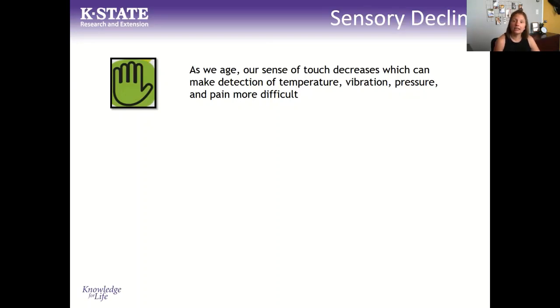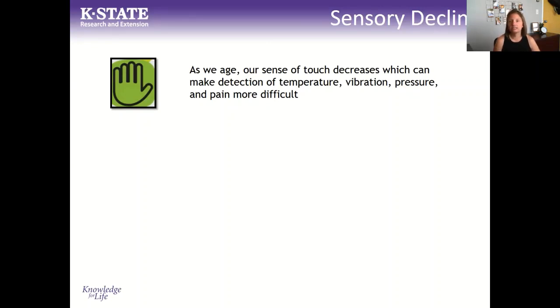Their decline in the nerve endings in their fingers and hands, coupled with decreased reflexes and reaction time, can make them more susceptible to becoming burned from that water. It is at this point where you can talk about the need to make sure that our hot water tanks are set on the appropriate temperature in our house to make sure that we're living in that safe environment that we want to be living in.